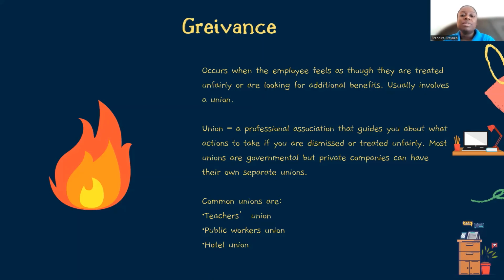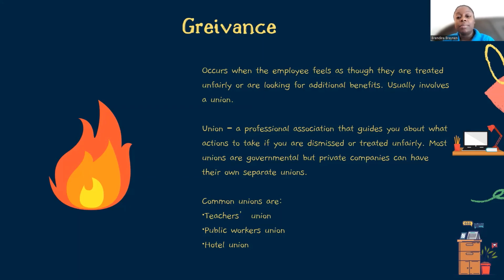And so grievances occur when the employee feels as though they are treated unfairly or are looking for additional benefits. And so if an employee is frustrated as well, they might go to their boss, but oftentimes they're directed to the Human Resources Department to see how they can help them to feel better and to be happy at the job once again.